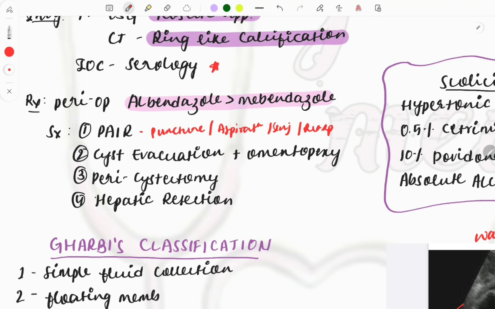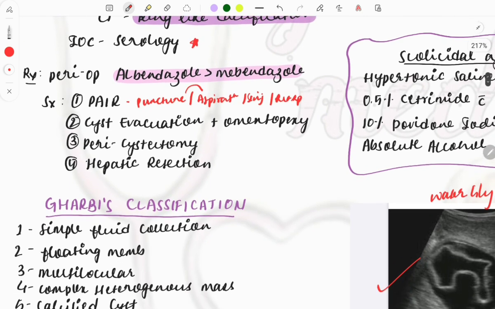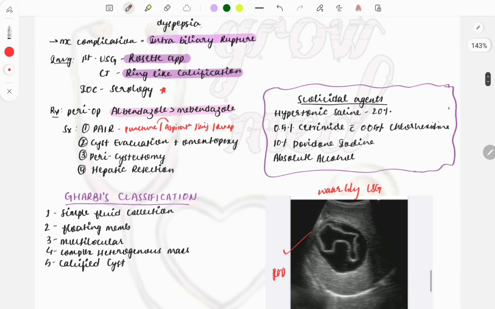In this, the contents of the cyst will be aspirated, then an injection is given, and then again reaspiration. So first we puncture the cyst, then do the aspiration, inject, and then reaspirate. Okay, so this is this method of surgery.